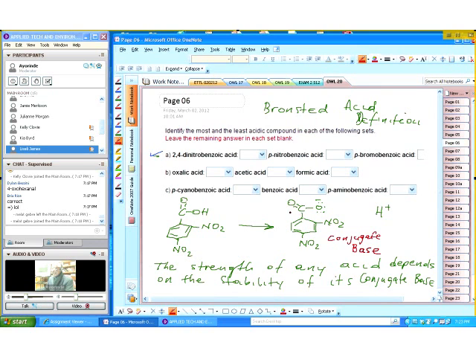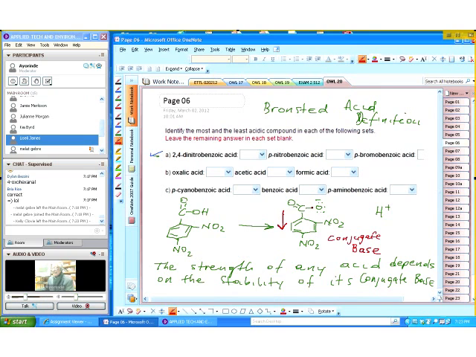So the net effect is they will be pulling electrons away into the ring system, thereby stabilizing this ion right here. So that is the basis for anything that we do when we say a molecule is acidic or not acidic. In other words, the question you need to ask yourself is: is the conjugate base stable? Now, given that information, let us see whether we can answer this question.